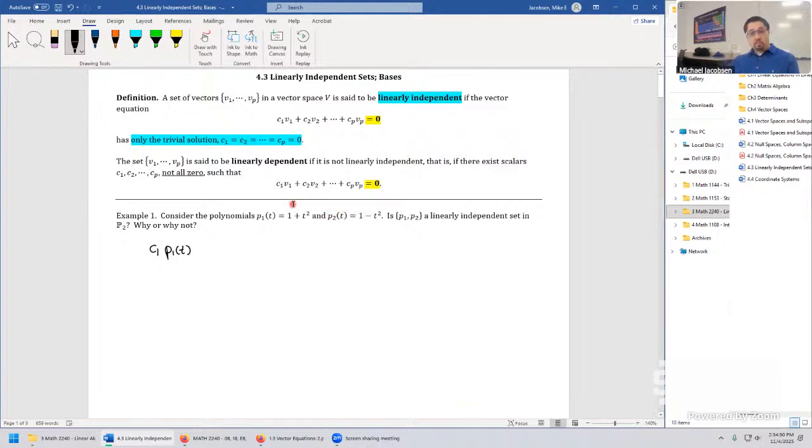So we're going to substitute in 1 plus t squared on our next step, plus C2 times P2 of t, set equal to 0. Where that zero is special, it's meant to denote the zero polynomial in P2. So we'll come back to that. Let's just put down a reminder. This is the zero polynomial, or we could have just said zero vector in P2.